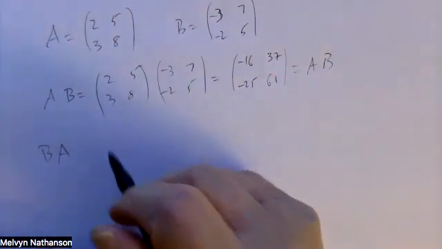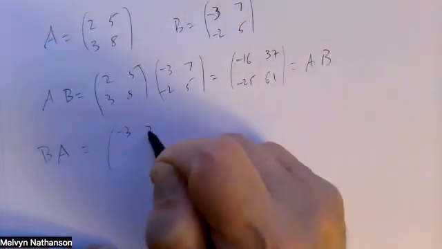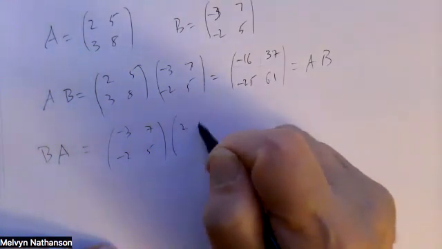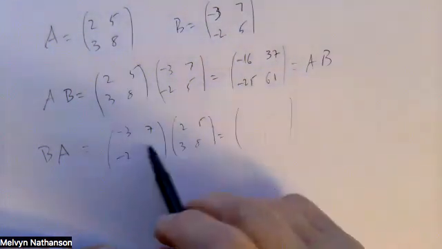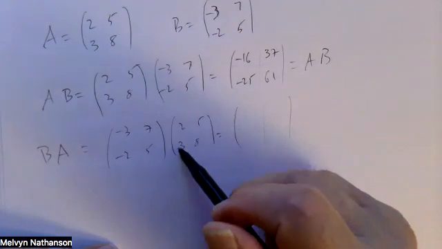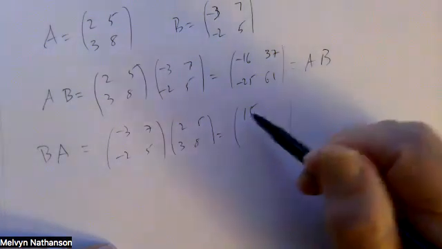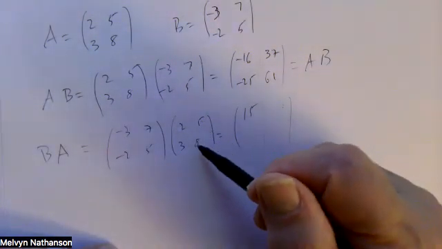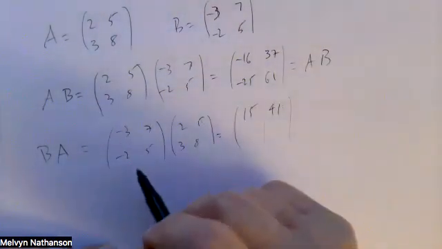Suppose we calculate BA. So B is minus 3, 7, minus 2, 5, and A is 2, 5, 3, 8. First row, first column, minus 6 plus 21 is 15. First row, second column, minus 15 plus 56 is 41.